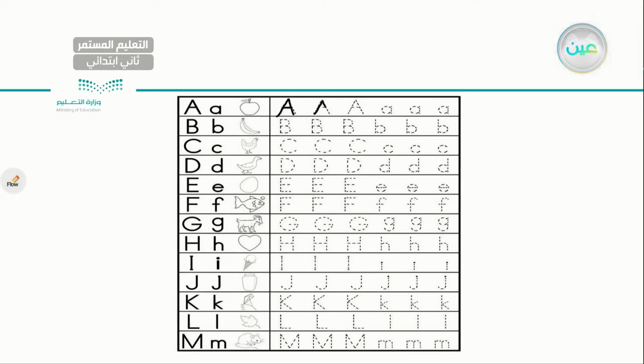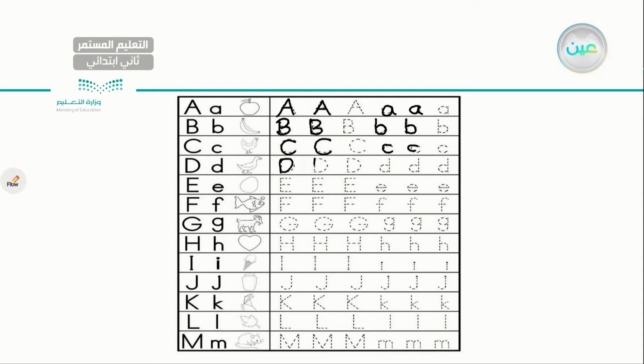For example, this is capital A and small a. Moving to the next letter, capital B, small b. Very good. Next one I have capital C, small c. And as you can see, I have a picture for every single letter.